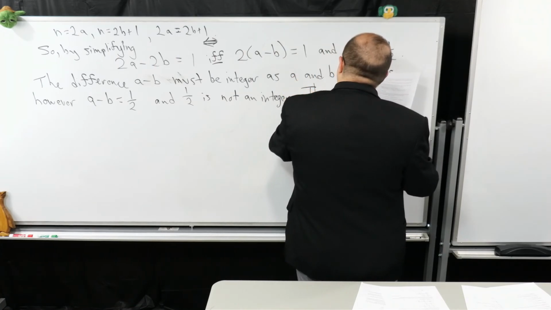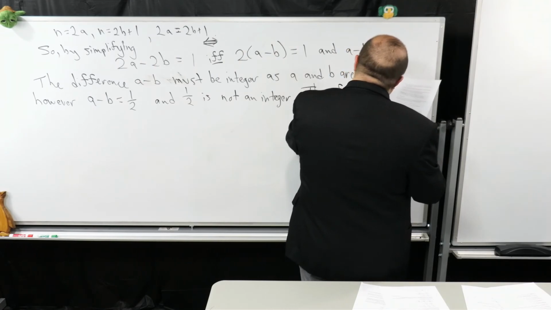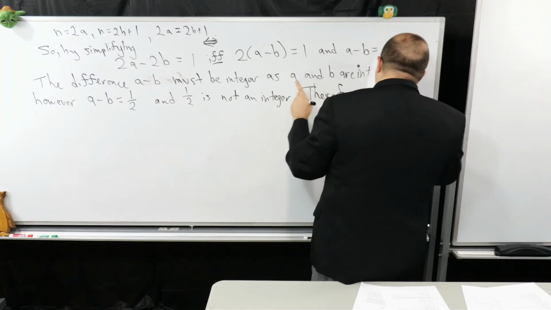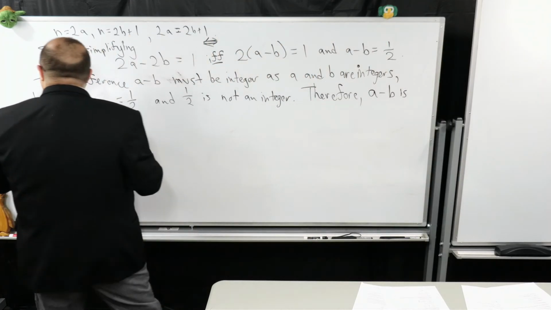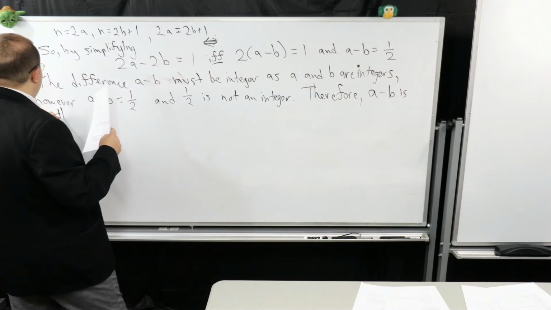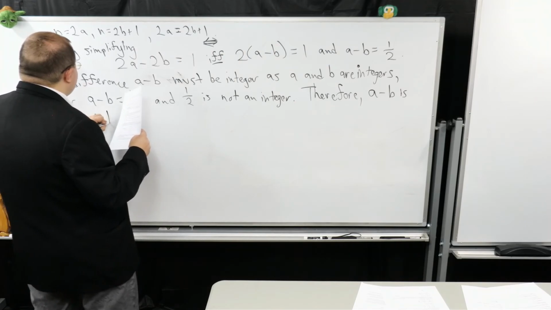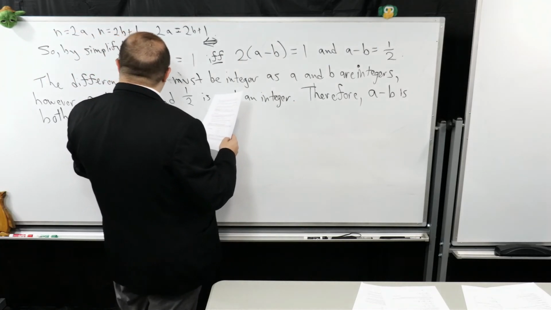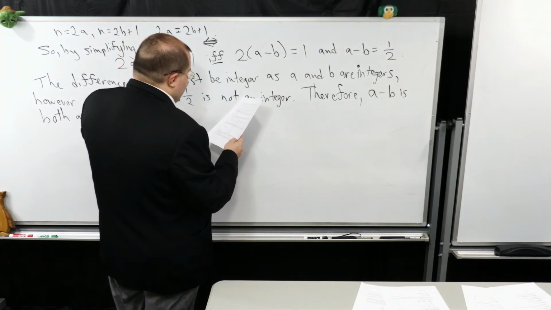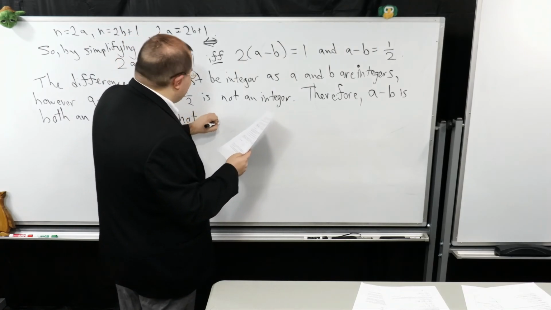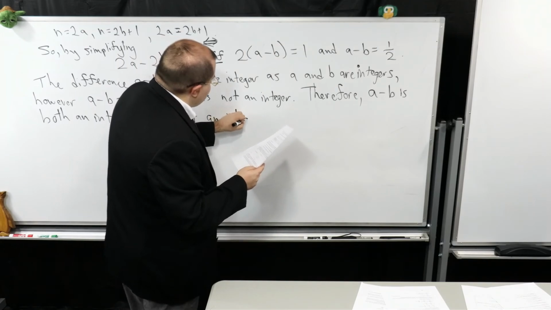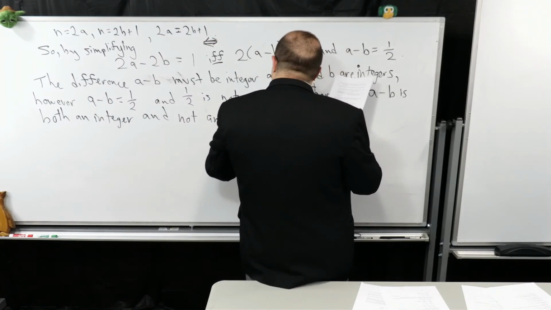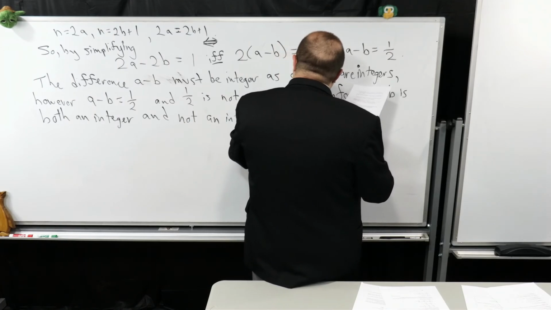Therefore, A minus B is both an integer and not an integer. Which is a contradiction.